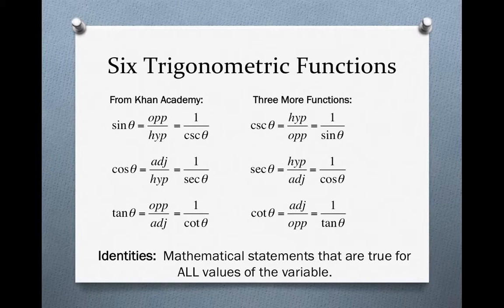And an identity is simply a mathematical statement that is true for all values of the variable. Okay, so that means no matter what we put in for theta, these statements are always true. The sine of theta is always the same as the reciprocal of cosecant. The secant of theta is always going to be the reciprocal of cosine, no matter what we use for our angle measure of theta.